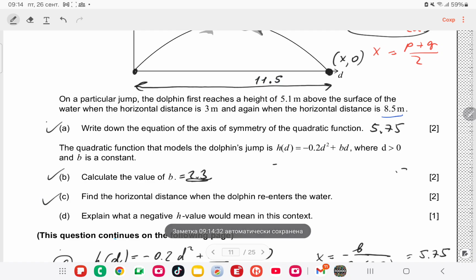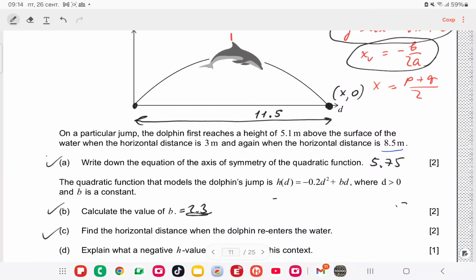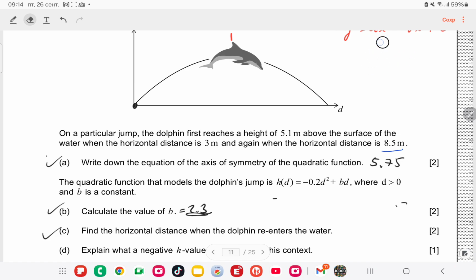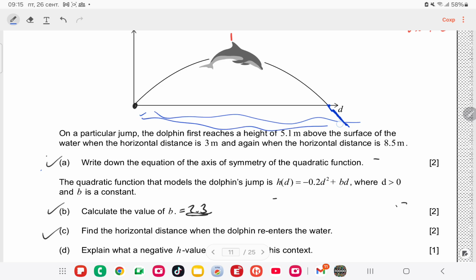Last part: explain what a negative h value would mean in this context. We obtain a negative h value if we continue the path of the dolphin. Here at these points, all points have a negative h coordinate, and we know that it is water. How can we connect the fact that h is negative with the situation in real life?